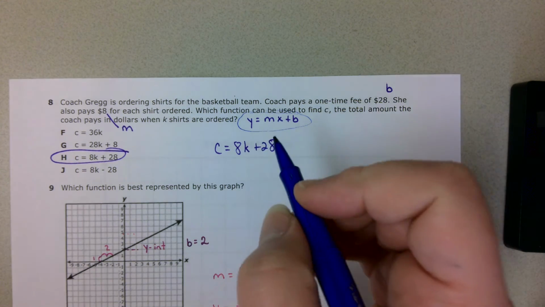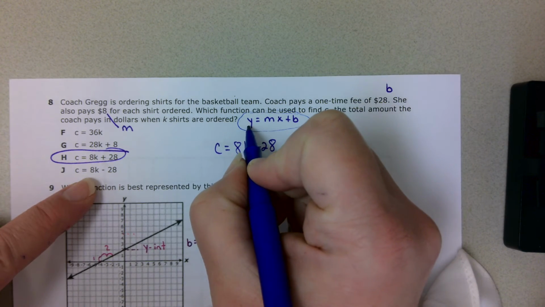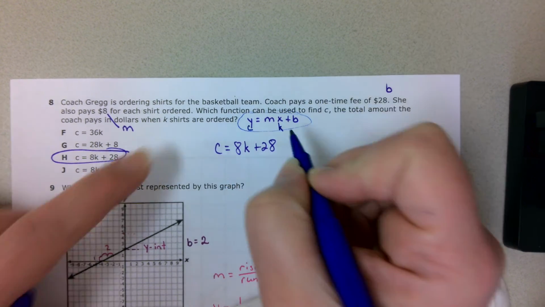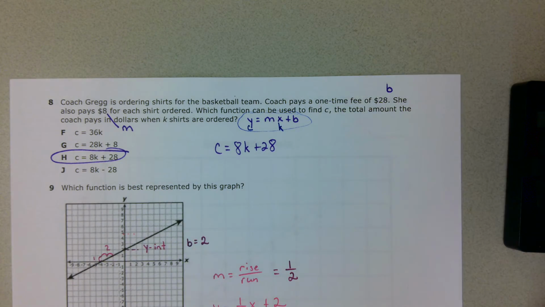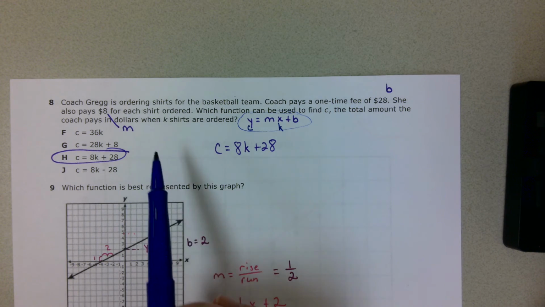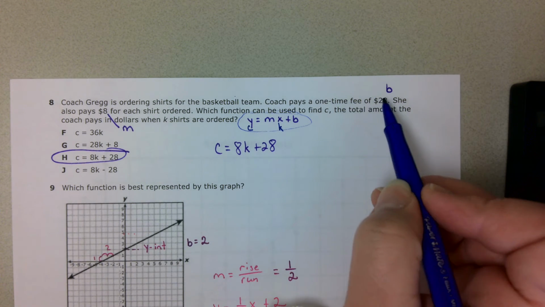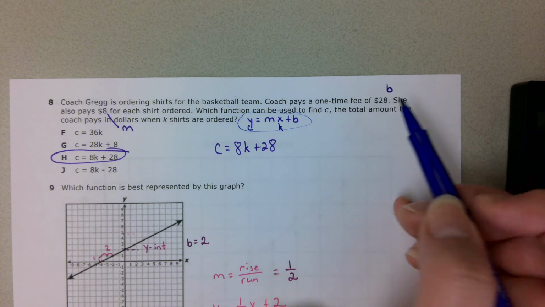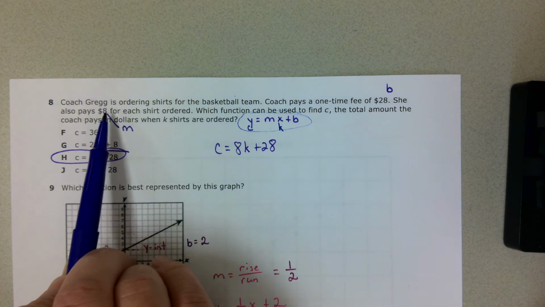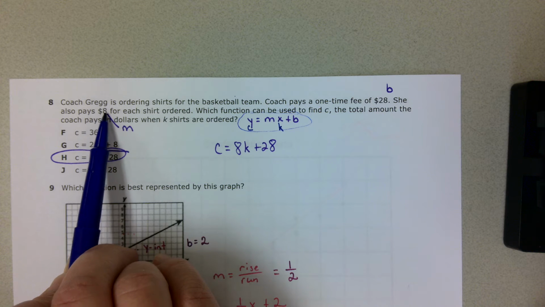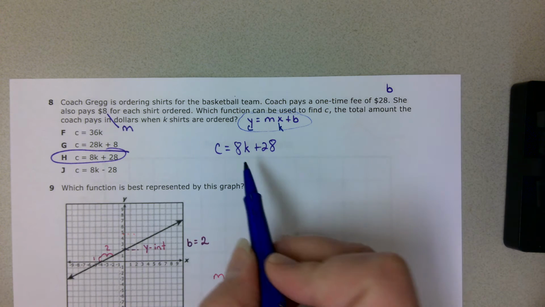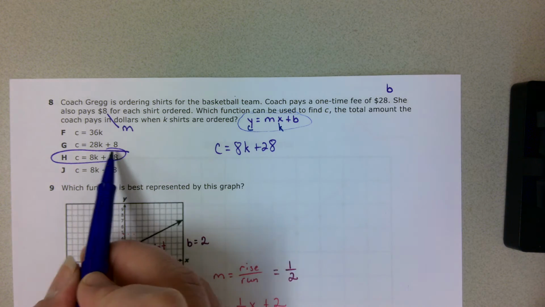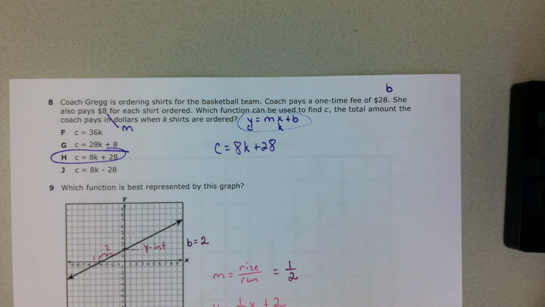What they've done here is they've just changed Y to C and X to K, but it follows the same pattern. And so I've identified our one-time fee is our y-intercept, or our B initial value. And then it's $8 for each shirt, so that's my slope. So I have C equals 8K plus 28, which is H.